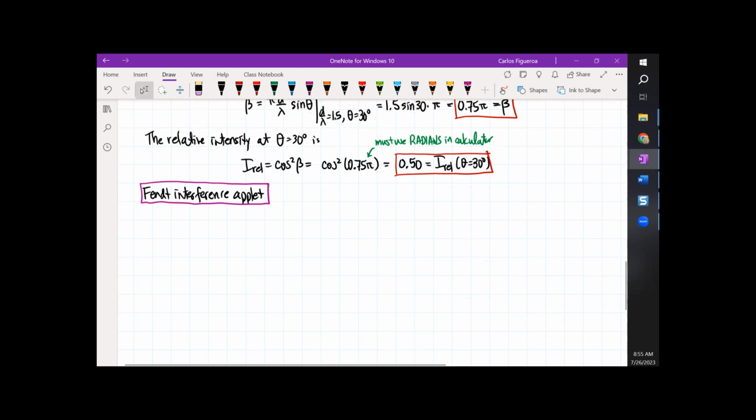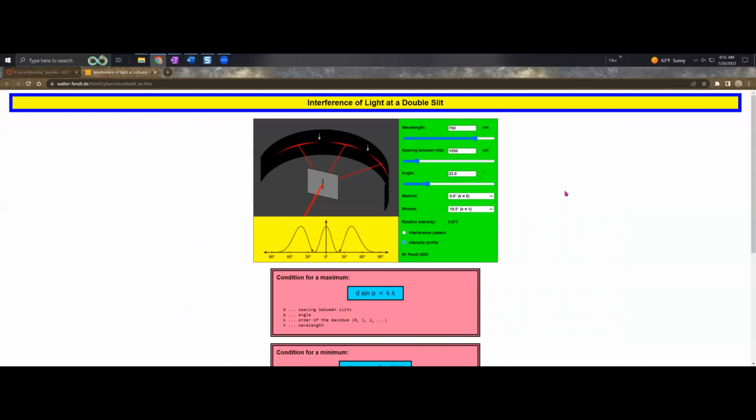Okay, so let me go share my screen. Here we are. What I've set here is the wavelength to 700 nanometers, and the spacing is 1050. When you look at that ratio, you're seeing that it's a ratio of 1.5.